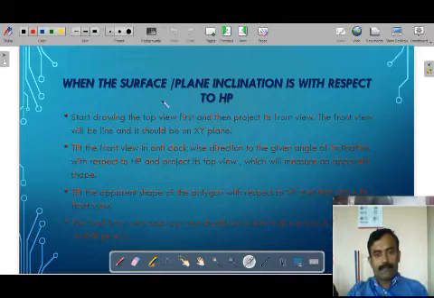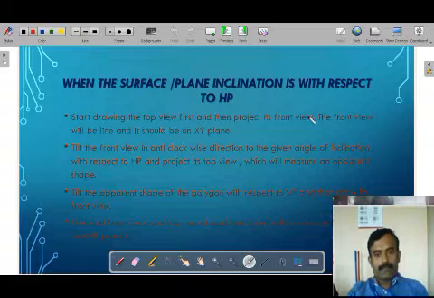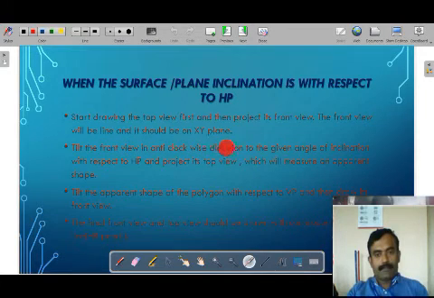Then draw the top view first and project the front view from the top view. The front view will be a line and it should be represented on the XY line. Tilt the front view in the anti-clockwise direction to the given angle of inclination with respect to HP. Then project its top view, which gives the apparent shape.